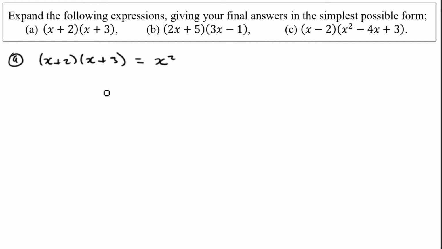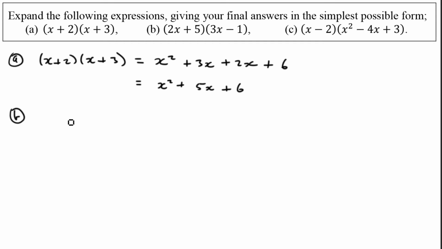If we multiply the things on the outside, we'll have x times 3, which is 3x. On the insides, we'll have 2 times x, 2x. And the last things are the 2 times the 3, which is 6. And now we can combine those two terms in the middle, so we have x squared, and altogether we have 5x plus 6.